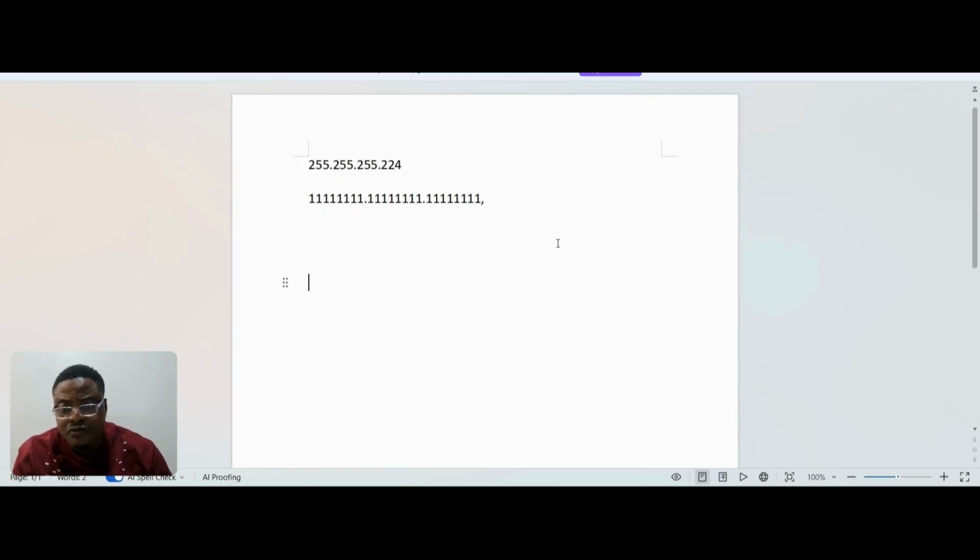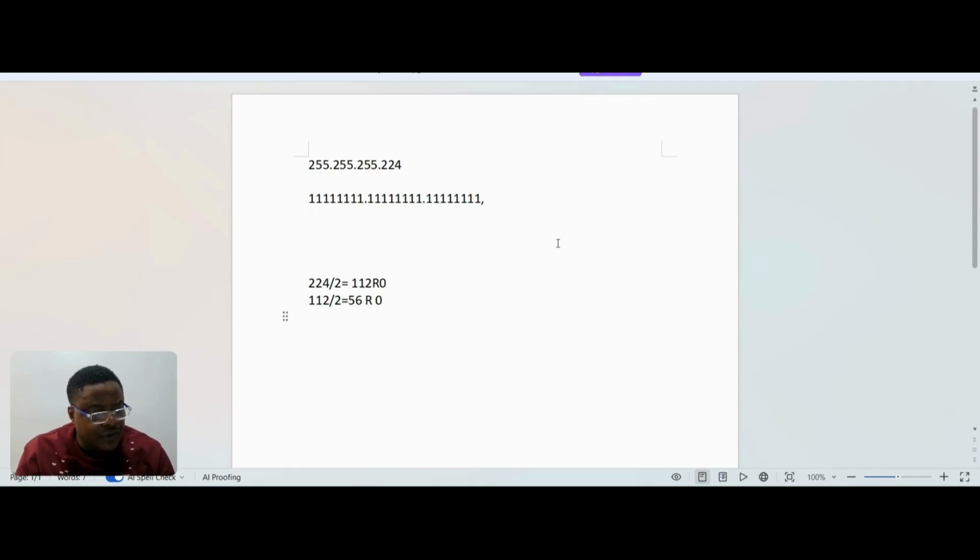To get the binary number of 224, you have to divide by 2. 224 divided by 2 is equal to 112, remainder 0. Then 112 divided by 2 is equal to 56, remainder 0.